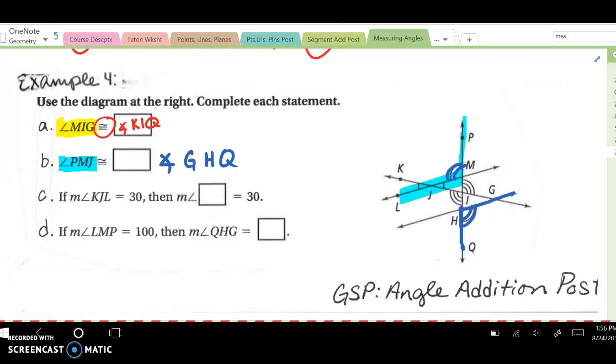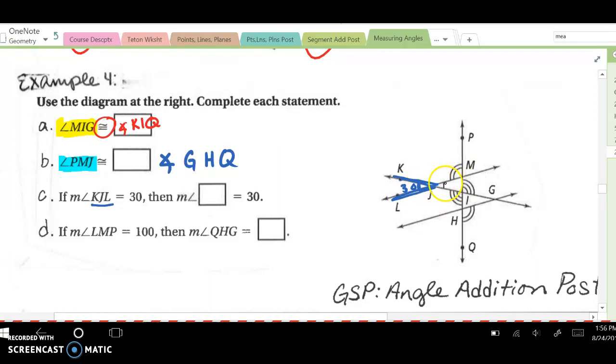All right, now they're going to throw some numbers at us, same drawing. This time they said KJL. Let's find it. Oh, nope, went too far, Miss Benton. K to the J to the L. Looks like it has 1 ring, and they said it's 30 degrees. So then angle what would also be 30 degrees?